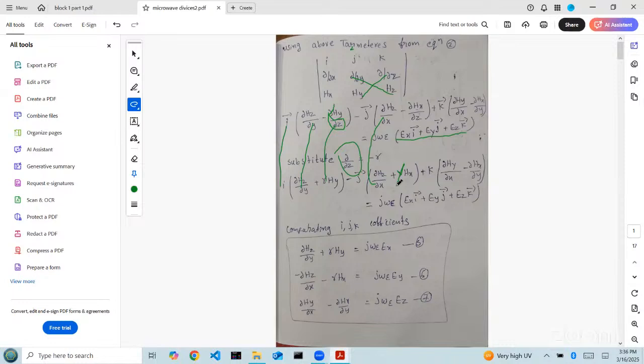What is the RHS? J omega epsilon times EX I, EY J, EZ K. Now I am comparing the ith term of the LHS and RHS side, again compare the jth term, next compare the kth term and form 3 equations, which are given in the textbook directly. Just see 3.4 in the textbook.